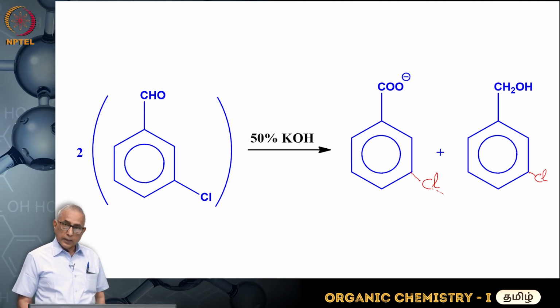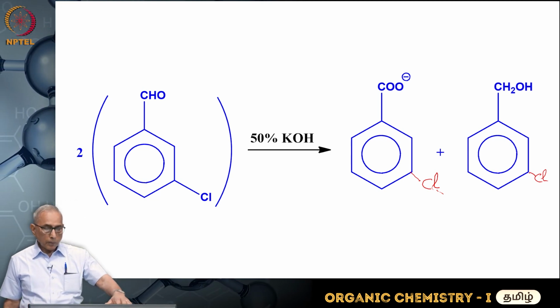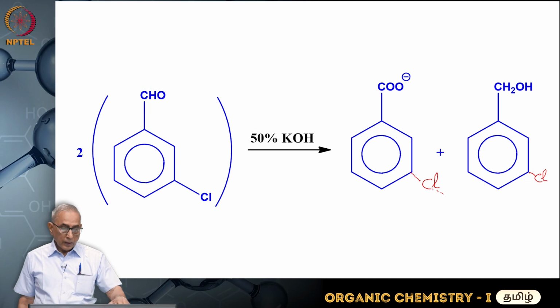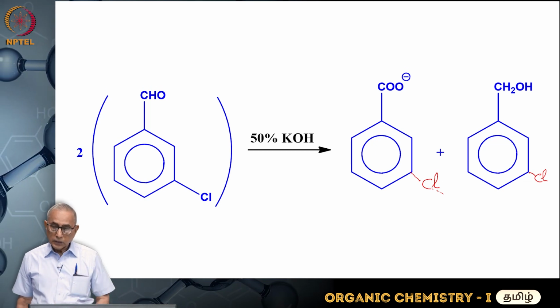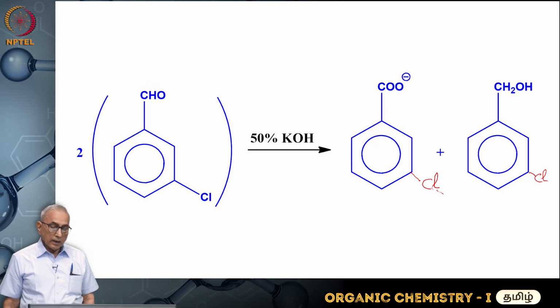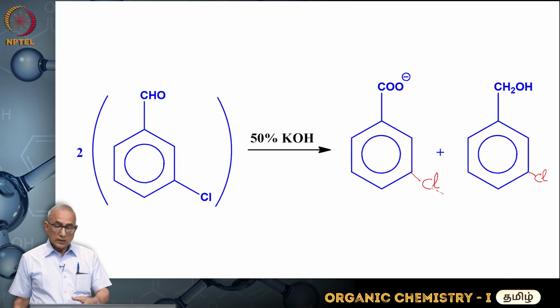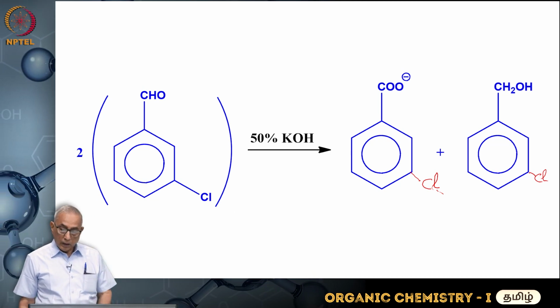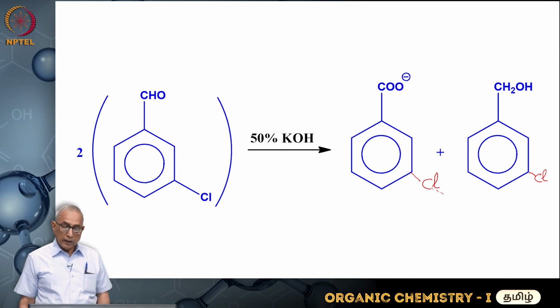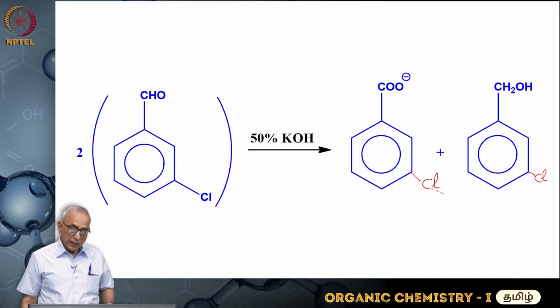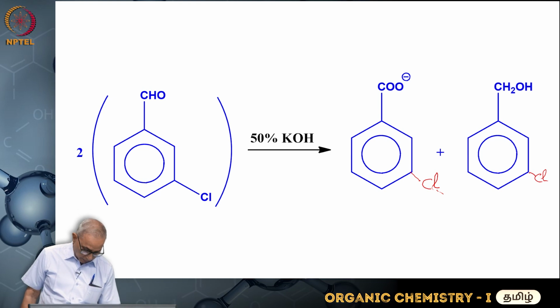Same kind of disproportionation: one aldehyde group becomes an acid group and the other aldehyde group becomes CH2OH. So this is a method for synthesizing some carboxylic acid or primary alcohol. If other methods don't work, you can use this Cannizzaro reaction.